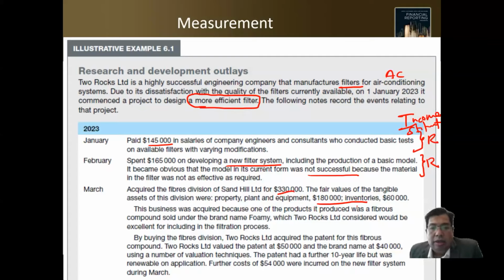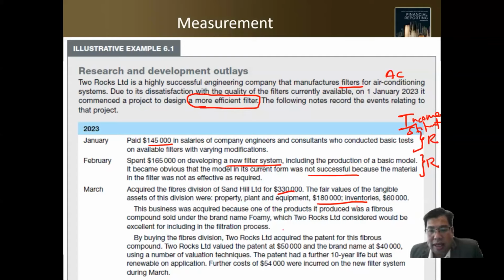Okay. The business was acquired because one of the products it produced was a fibrous compound sold under the name of Foamy, which Turok considered would be excellent in the filtration process.